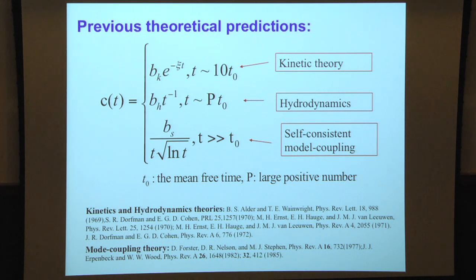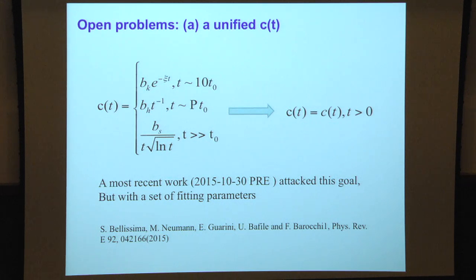Indeed, there are a lot of other questions. At this moment, there is no uniform function to describe the whole process. I mean, these predictions are piecewise functions.